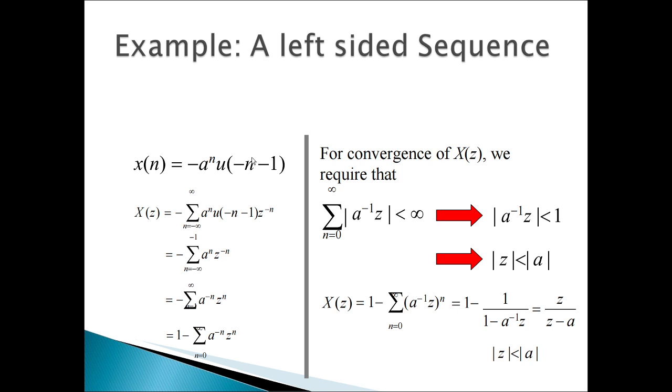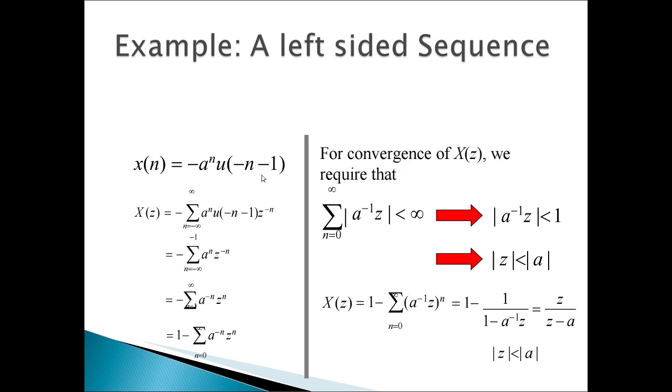U of minus n is equal to 1, where n ranges from minus infinity to 0, whose value is 1, and it is shifted to the left by 1 unit.